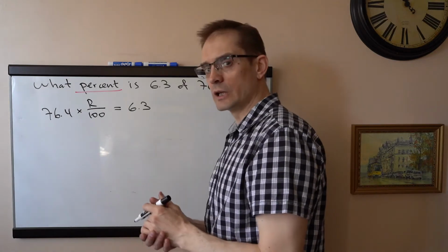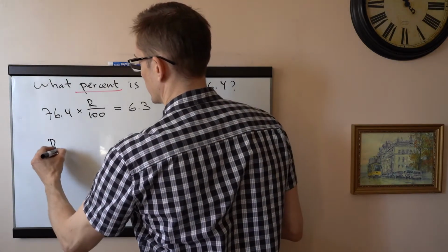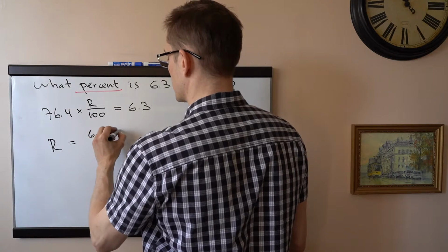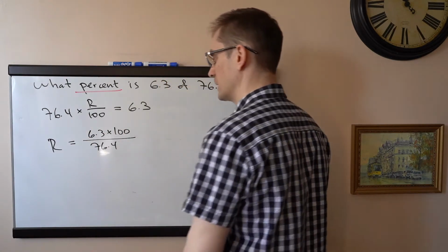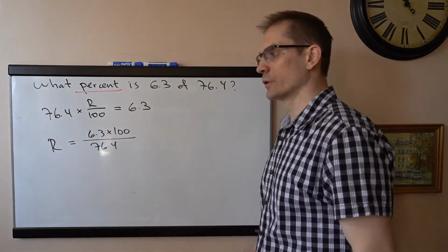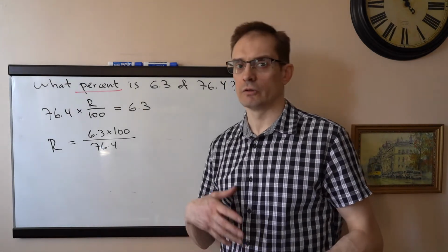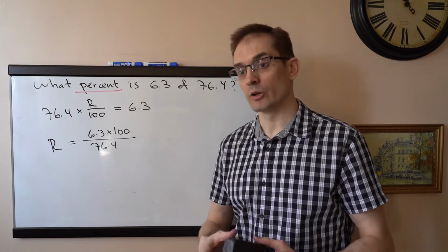It's just a little bit algebraically maybe more complicated solution. So here you will have R big is 6.3 times 100 divided by 76.4, right? And the answer will be, of course, the same. But I prefer solving with rate per one in mind, because that's how we solve almost every problem in business and financial mathematics. We always use rate per one.